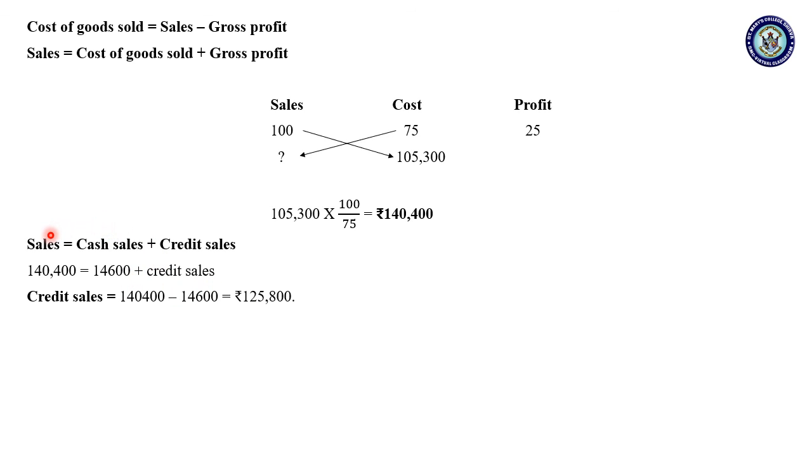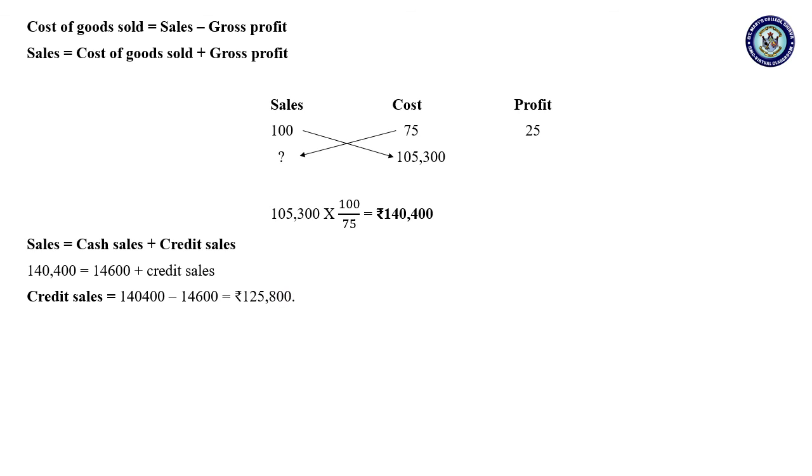Cash sale you take to the other side. From 1,40,400, if you deduct cash sale, that is your credit sale. So credit sale will be 1,25,800.